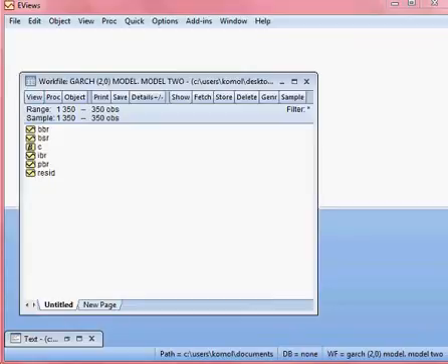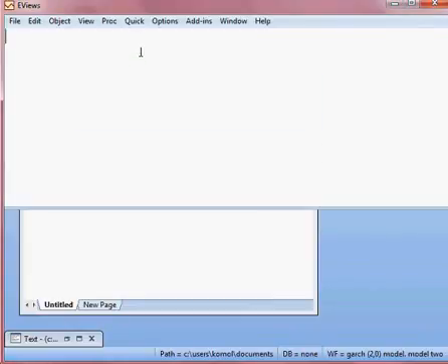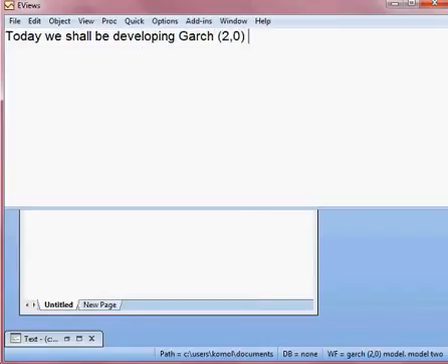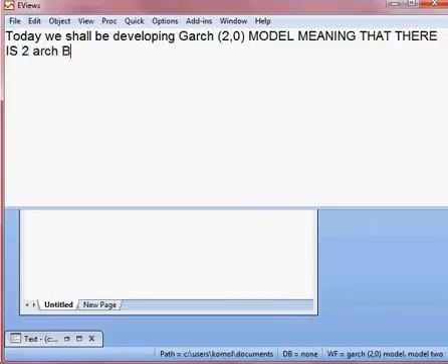Okay, today we shall be developing the GARCH 2.0 model, meaning that there are two ARCH terms but no GARCH term.